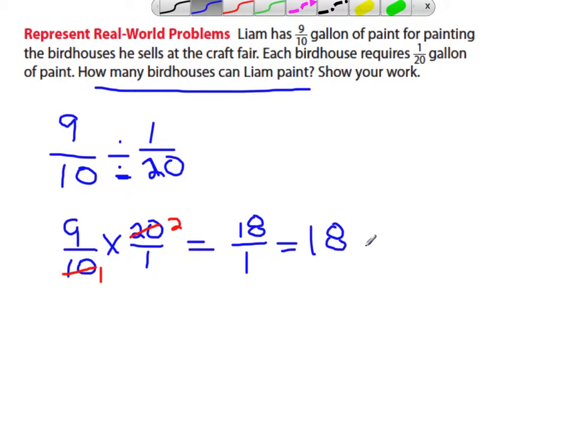So he can actually paint 18 birdhouses. I don't know if this will show up, but birdhouses is what I'm writing. Wow, it didn't even show up. Okay, but yeah, you get the idea. 18 birdhouses.